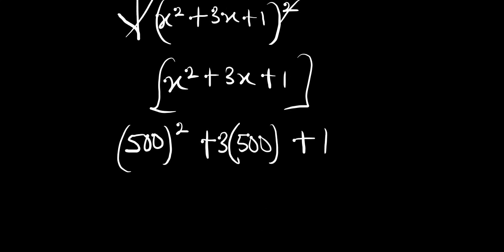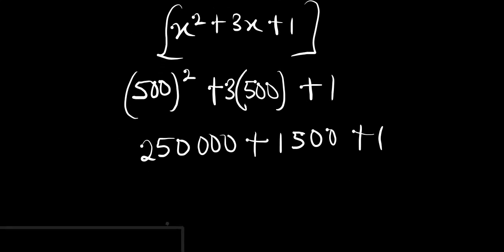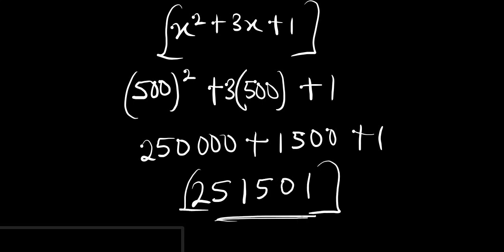So 500 squared gives 250,000, plus this gives 1,500, plus 1. If you add up what we have here, your answer will simply be 251,501. So this actually is the correct answer.